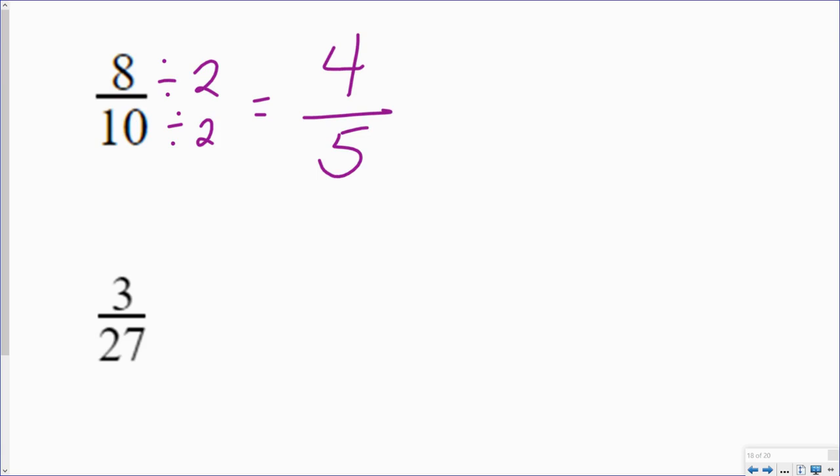So 8/10 simplified to its smallest size would be 4/5. Here I have 3/27. Well, I know that both are divisible by 3. So when I do that, I get 1/9. So 3/27 simplified down is 1/9.